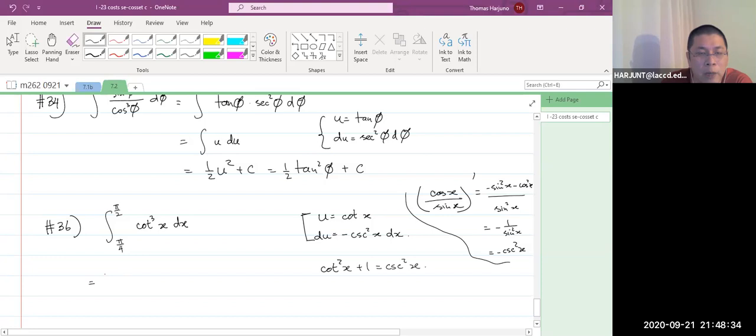So I will break it up this way. This is from pi over 4 to pi over 2. The cotangent squared will be cosecant squared x minus 1. So that would be cotangent x times cosecant squared x minus 1.